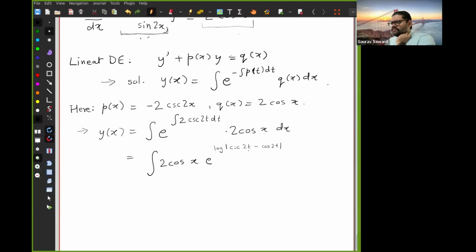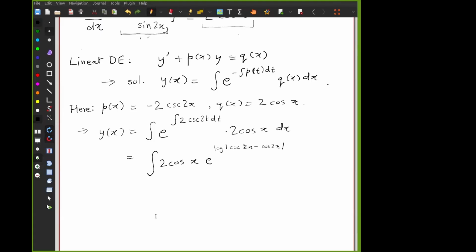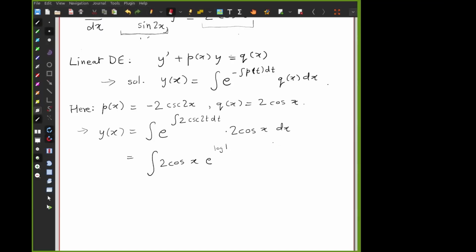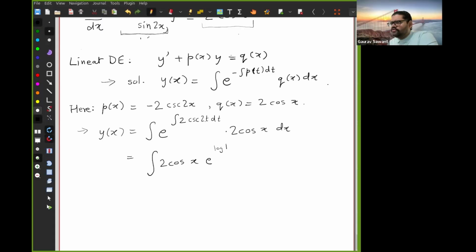Whatever that is, let me just check this once. It will be log mod tan x. Yes, sir, tan 2x. So there is a 2 here, right? It should be 2x. Just check.